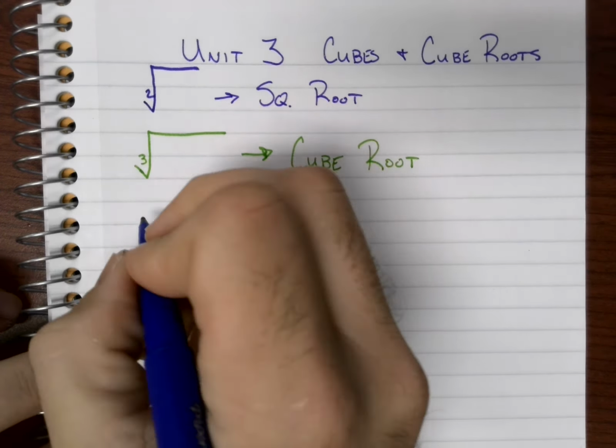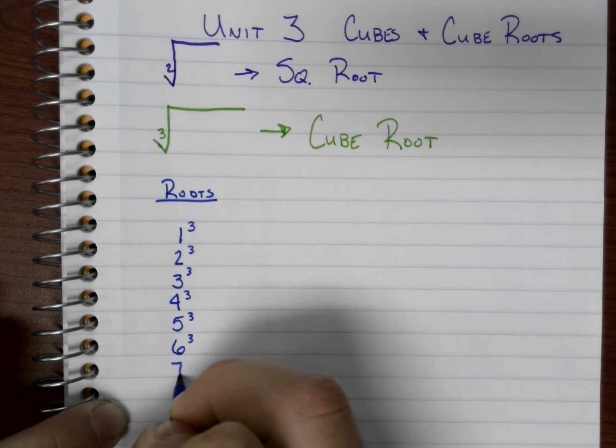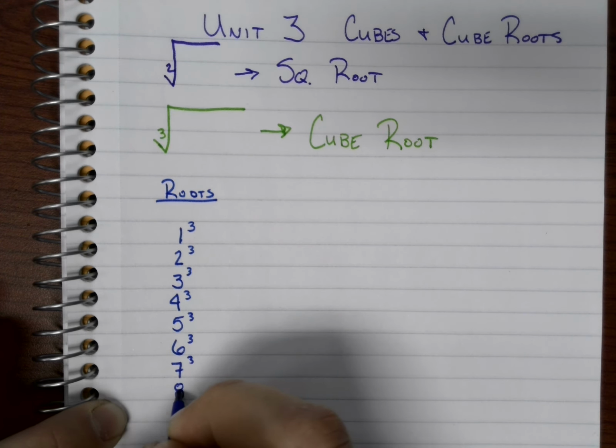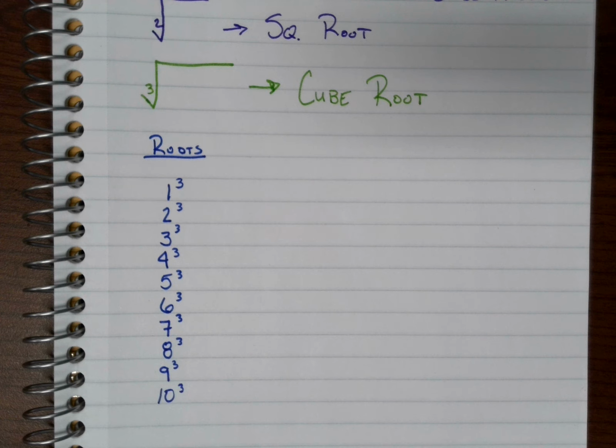So we'd have 1 cubed, 2 cubed, 3 cubed, or to the third power, 4 cubed, 5 cubed, 6 cubed, 7 cubed, 8 cubed, 9 cubed, and 10 cubed. We'll just do the first 10.